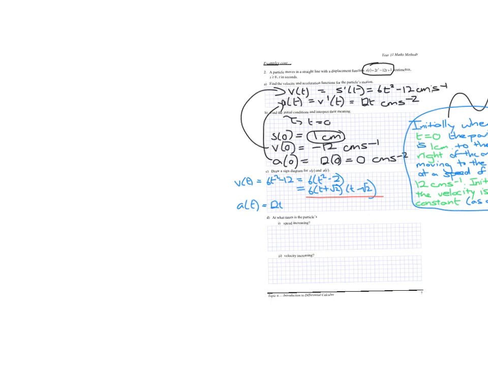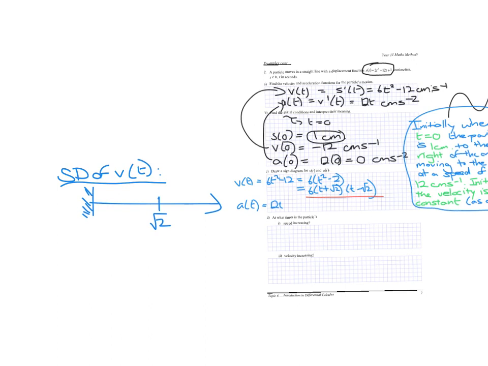So initially, let's do V of t. So the sign diagram of V of t is as follows. We again remember that t is not allowed to be less than 0, so we put those lines there. And then we draw our sign diagram and we put on our critical point, and we've only got one, which is root 2, because negative root 2 can't exist because time can't be negative. Then again, we'd sub in a point that's between 0 and root 2, and so something like 1 is fine.